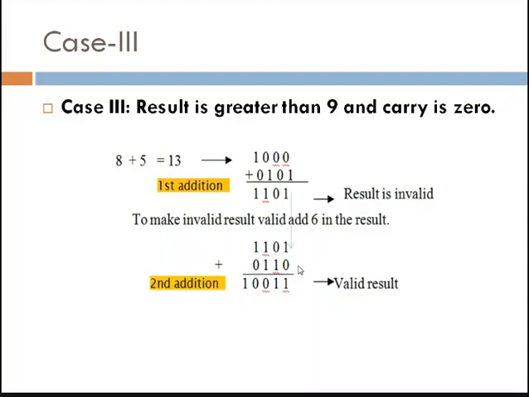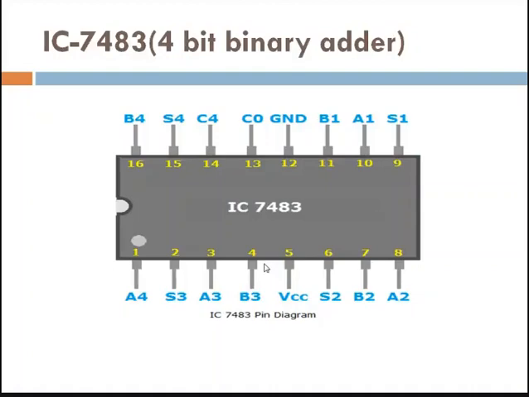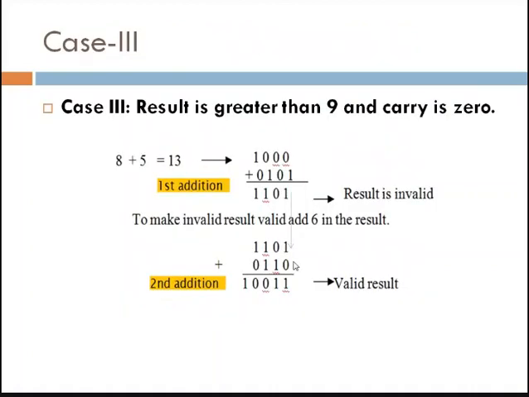If you observe this 6 being added, the first bit, the MSB, and the last bit, the LSB, are 0 0. Every time we are adding a 6, so this is fixed.